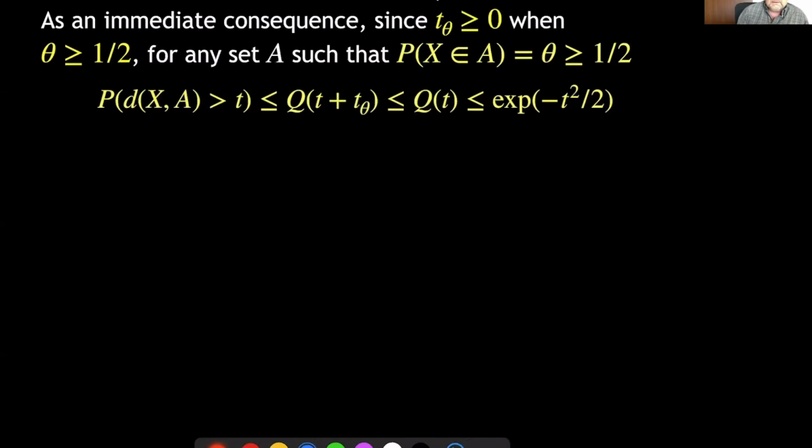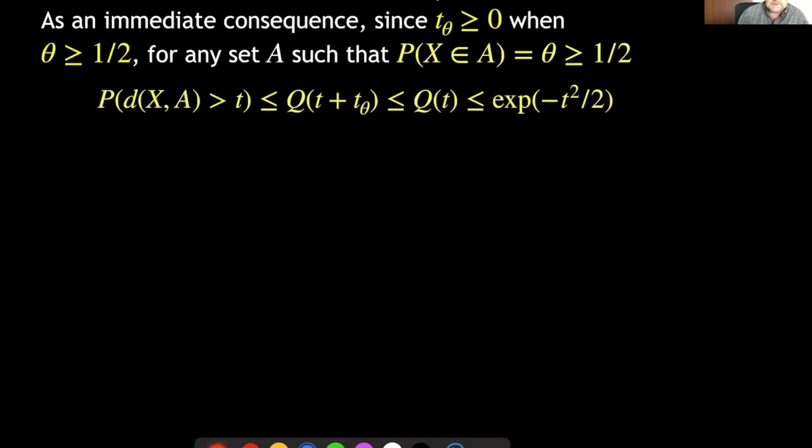Since the number t theta has to be non-negative when theta is larger than 1/2, if you consider some set with probability larger than 1/2, then the probability that the distance from x to A is larger than t has to be smaller than the Gaussian tail at point t plus t theta.